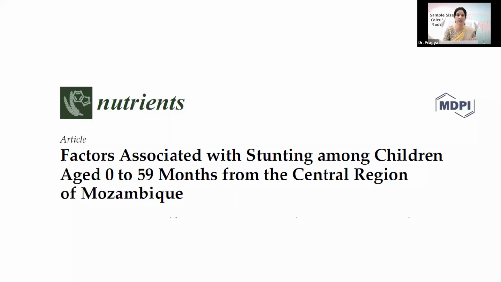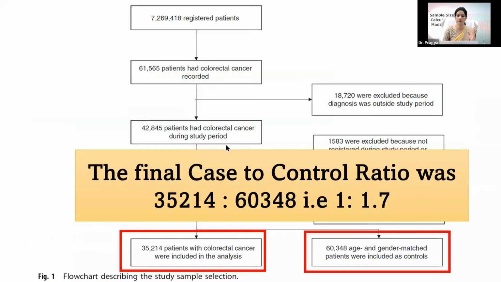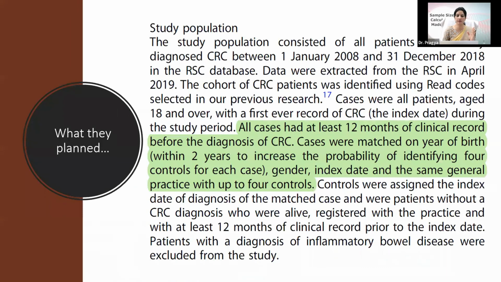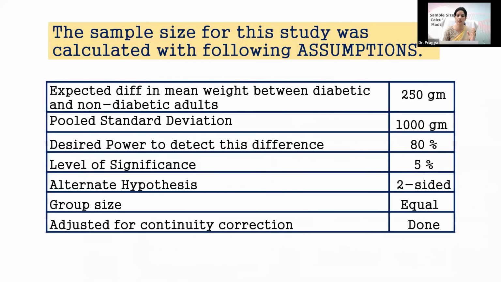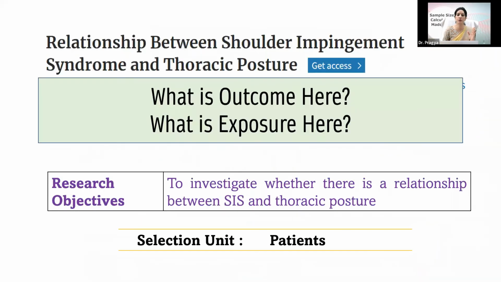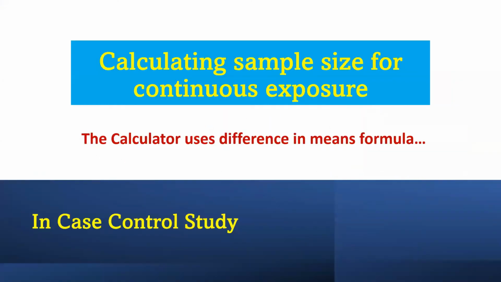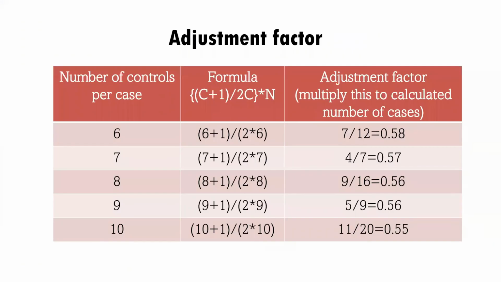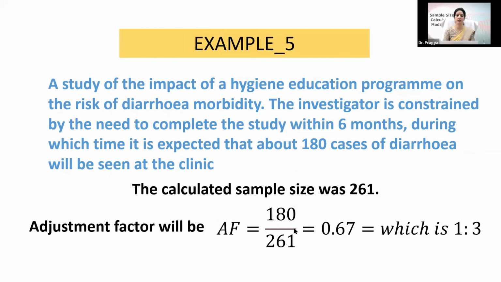You can see the required sample size you have calculated using a formula, right? If I go back to that slide which I have shown you, that author required 261 samples and he was having only 180. So the author's calculated sample size was 261, but he has only 180.